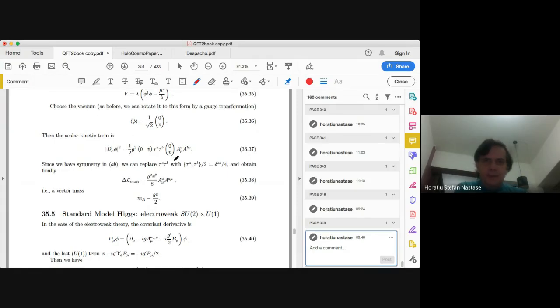And finally, we get rid of this, and then we have only the contraction of this, which gives just v squared.